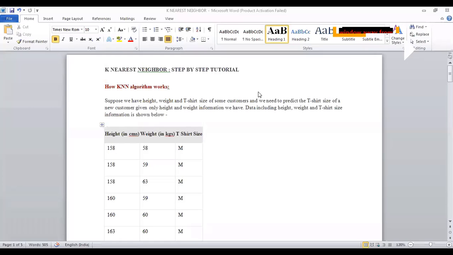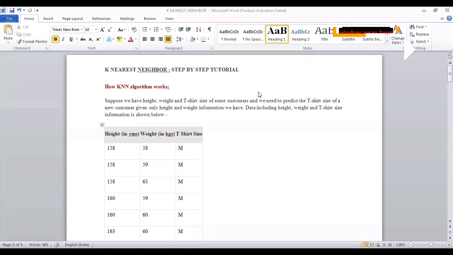The KNN algorithm at the training phase just stores the data set, and when it gets new data, it classifies that data into a category that is much similar to the new data. For example, we have an image of a creature that looks similar to a cat and a dog, but we want to know whether it is a cat or a dog.